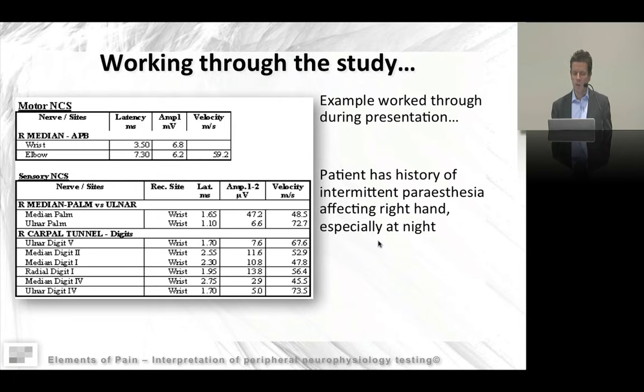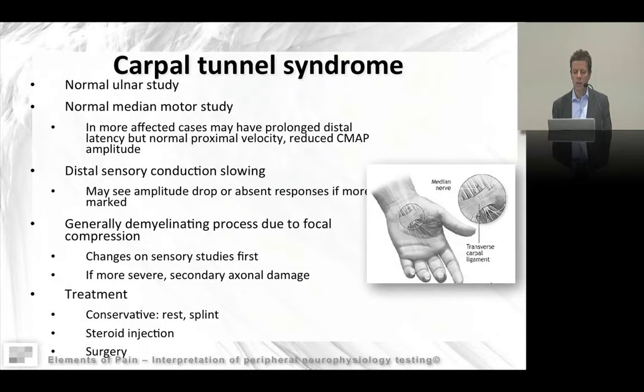This patient is referred for the main reason someone gets sent for nerve conduction studies: some intermittent paresthesia in the right hand, especially at night. These minor differences in latencies are equivalent to a diagnosis of median neuropathy at the wrist, or carpal tunnel syndrome. This case has a normal ulnar motor study and a normal median motor study, as is normally the case.